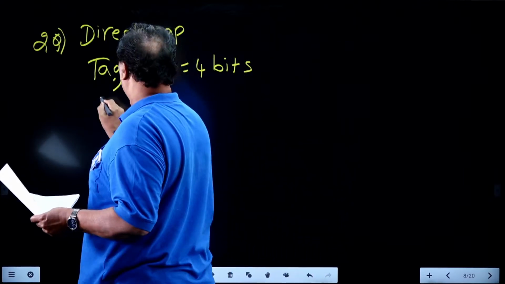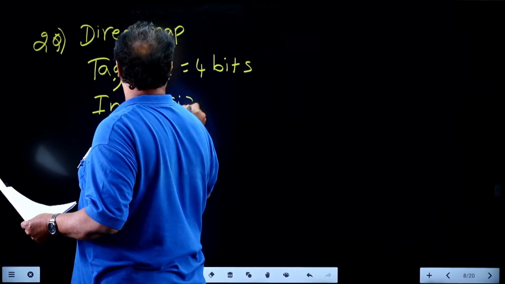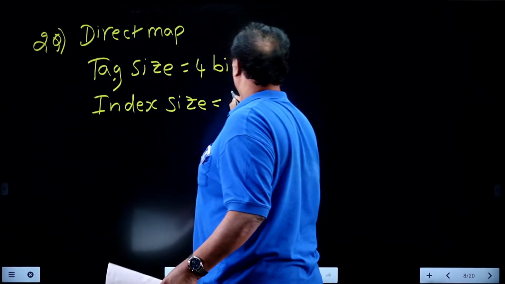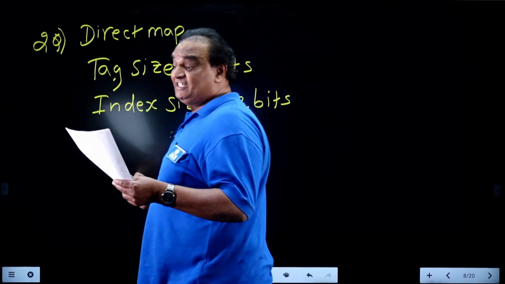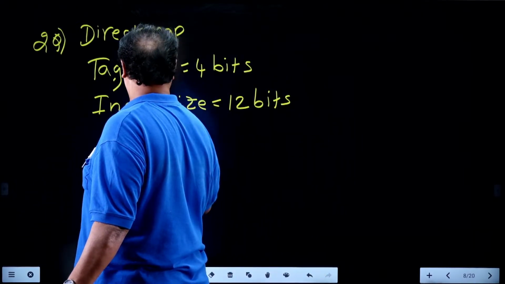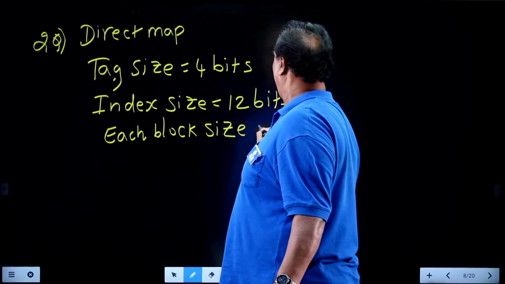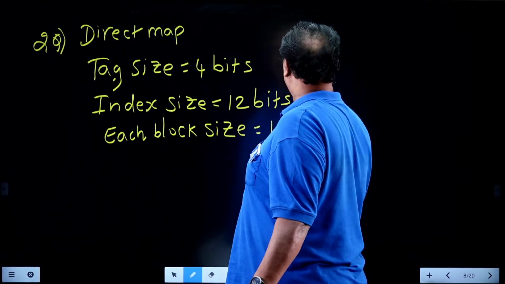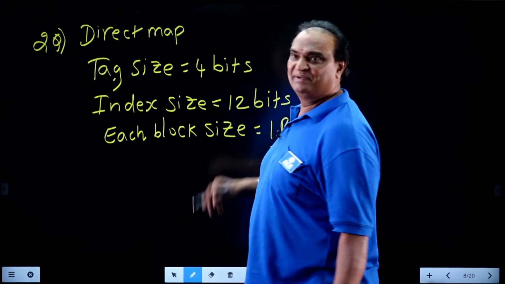Index size is 12 bits. Next, each block size is 1 byte. Watch this one. Each block size is 1 byte. It is a tricky question because of this information.